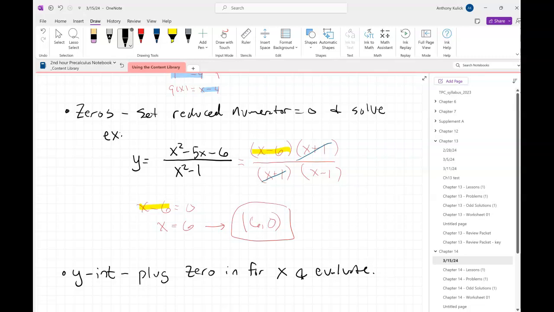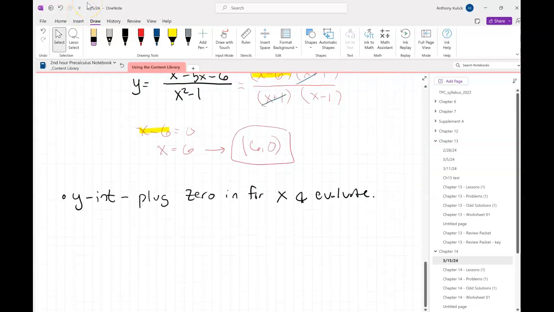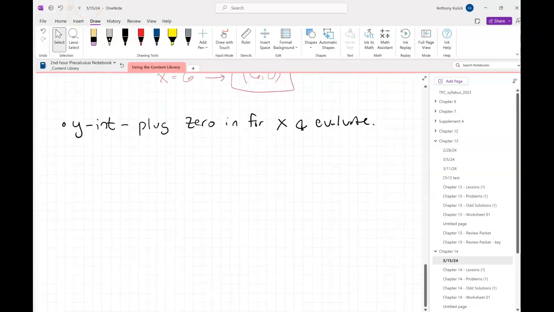Sound good? All right, let's do some examples of actually constructing some graphs out of this information. Cool?